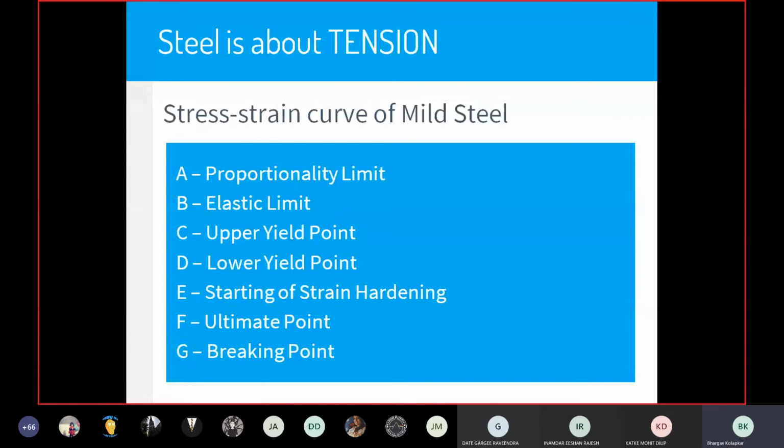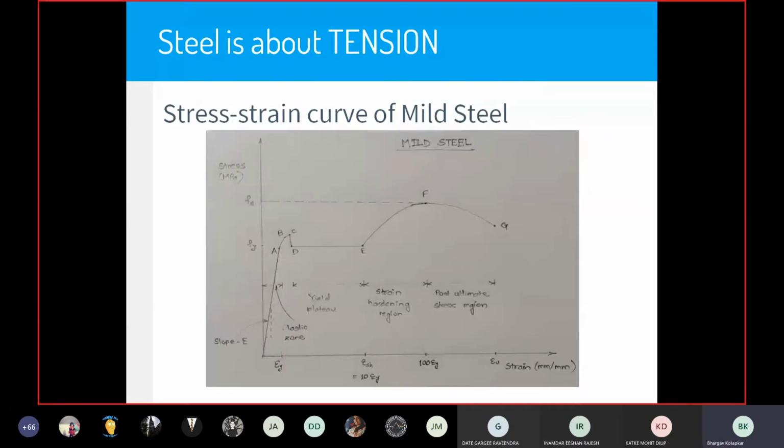Anyways, so until point A, stress is strictly directly proportional to strain, and the material is elastic. Until point B, stress is not strictly proportional to strain, but the material is still elastic. Do you get the difference?